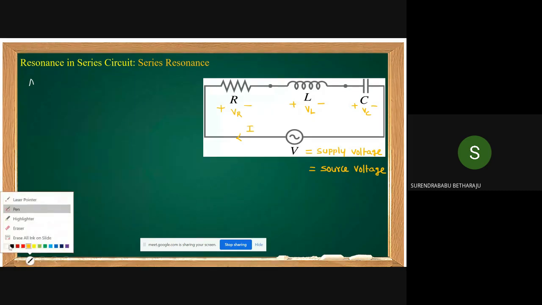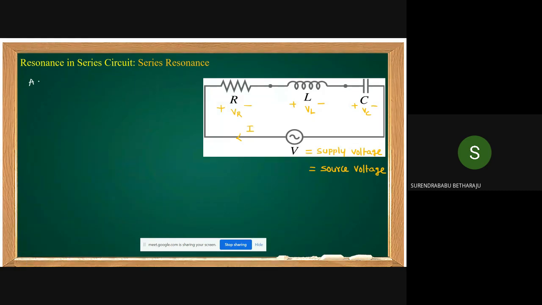You know this point: at resonance condition, one important observation is that the net reactance equals zero. What is the net reactance here, students? There is inductive reactance and capacitive reactance. The inductive reactance is the positive reactance, and the capacitive reactance is the negative reactance.